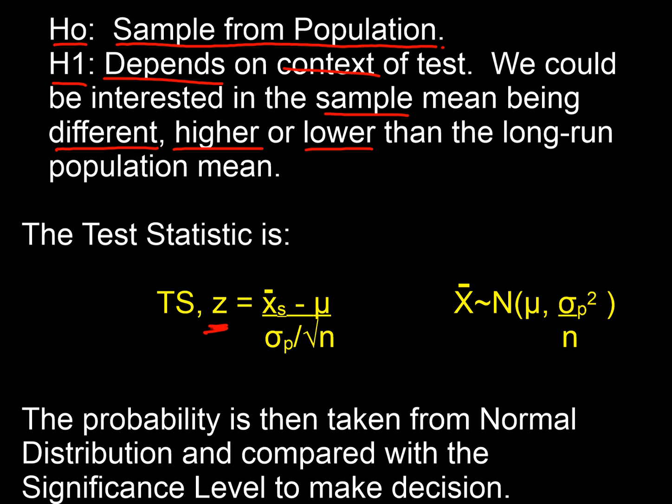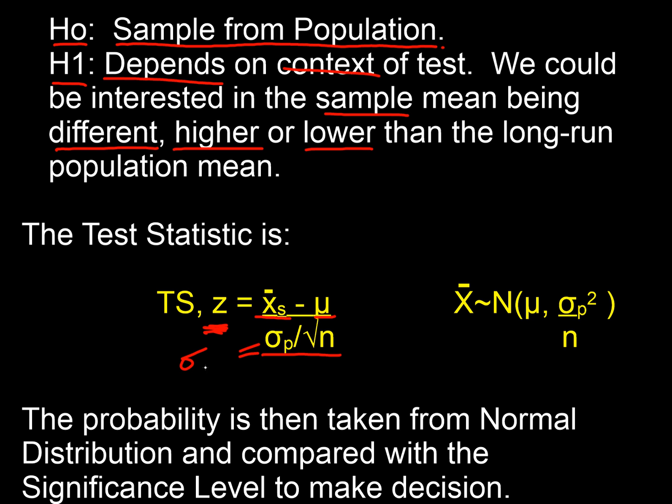It is our sample mean, take away our population mean, i.e. the distance between the two, and then we measure it in standard deviations.